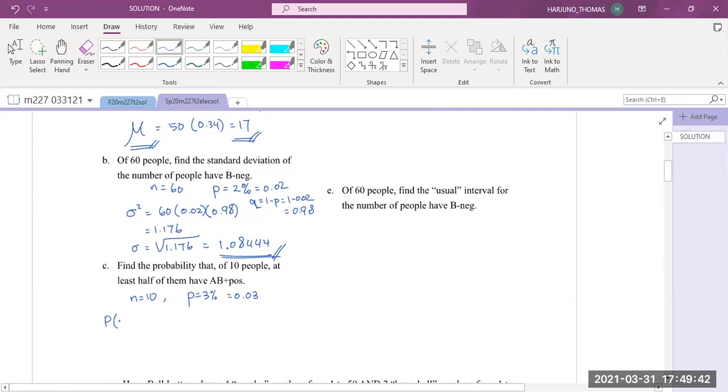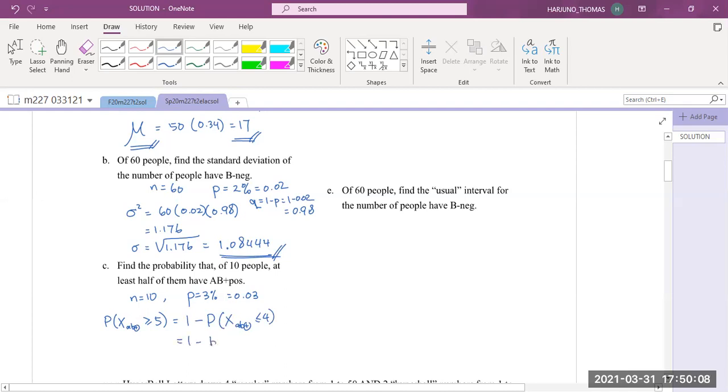The probability that the number of people with AB positive is at least 5, right? At least half of 10 people, that's at least 5. That's the complement of the probability that the number of people having AB positive is at most 4.